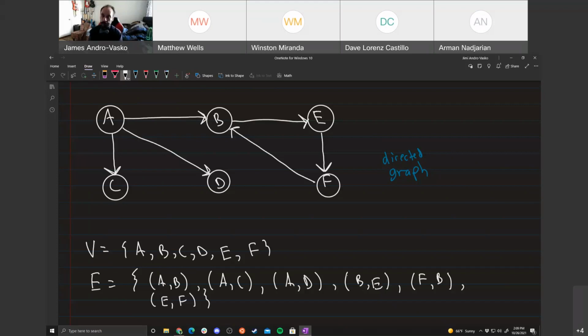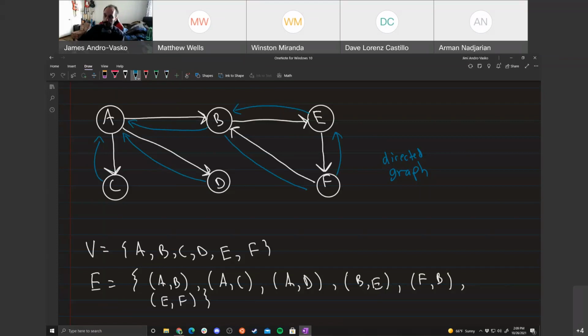Now, if you want to have an equivalent directed graph for an undirected graph, you'd have to go ahead and duplicate each edge, basically. This would give us the equivalent directed graph for the original undirected graph.